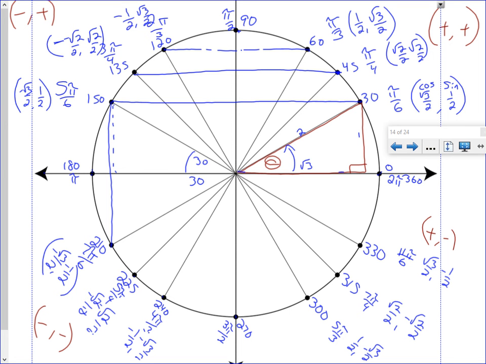Real quick, before we get too far away from this, how do you find tangent? It's opposite over adjacent. So if it's opposite over adjacent, isn't that sine over cosine?